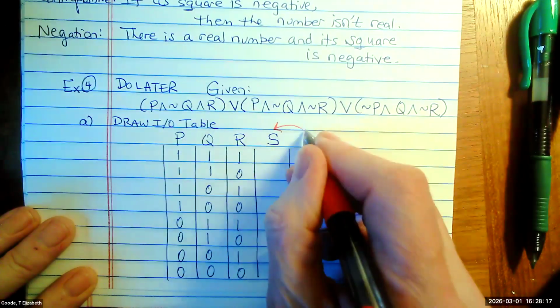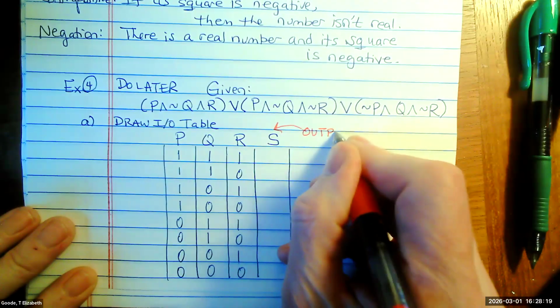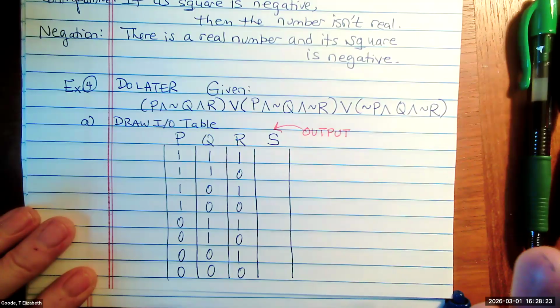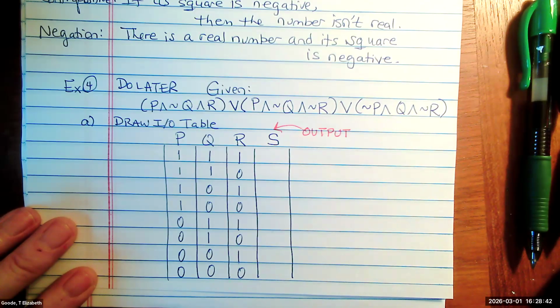Well, the expression that we are given tells us exactly the circumstances under which the circuit should produce hot output. Hot is true. It means electricity is going to be on that output wire, and it would light up a little light bulb that was attached to it if we actually built it that way.